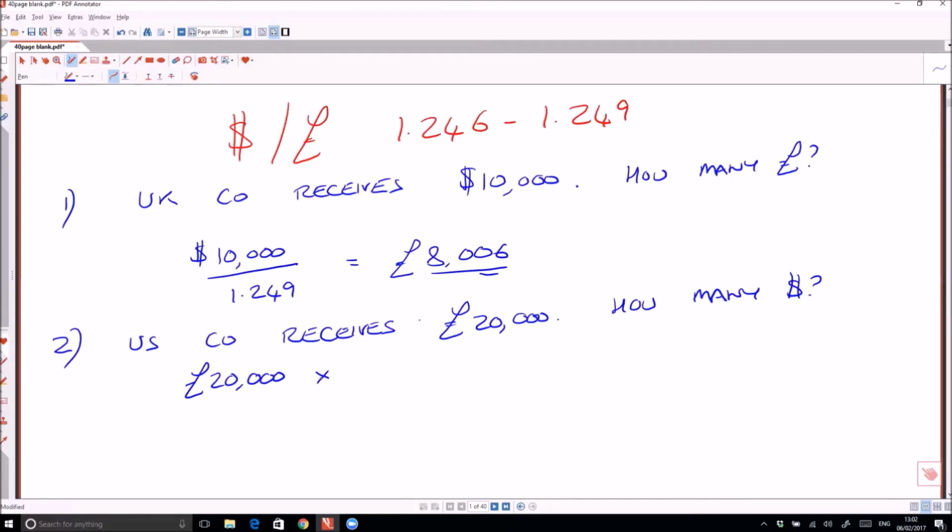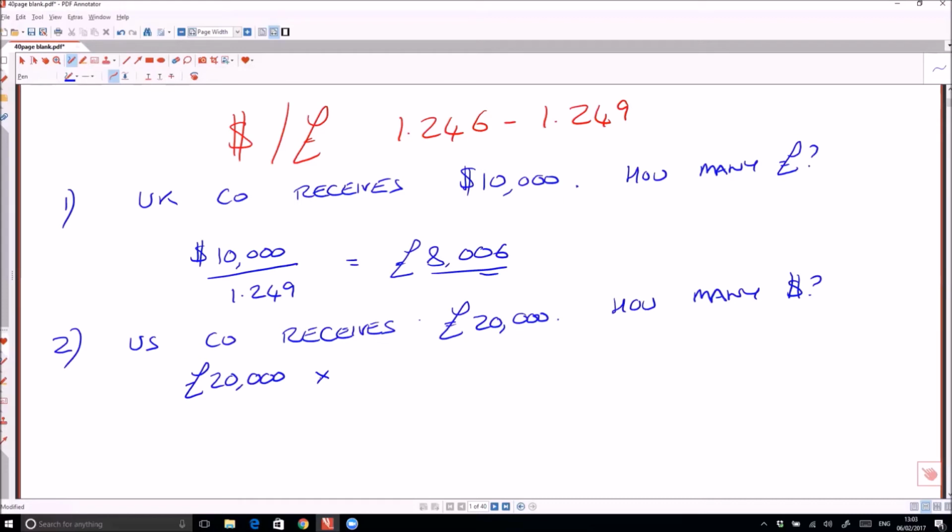And remember, the counter currency is still the dollar. The US company is receiving pounds. They don't like pounds, so they're selling the pound. However, what are they doing to the dollar? They're buying the dollar, aren't they? And they're buying dollars with those pounds.